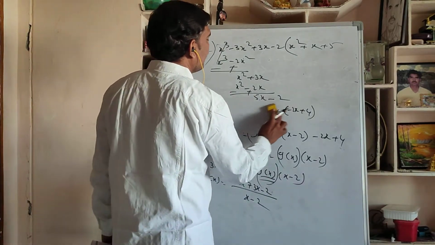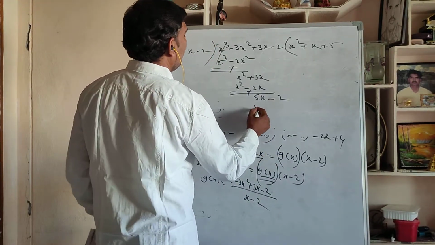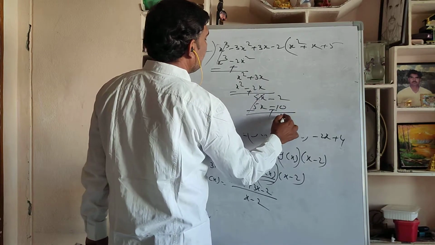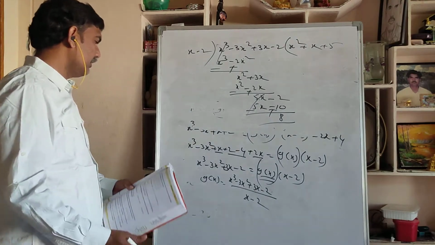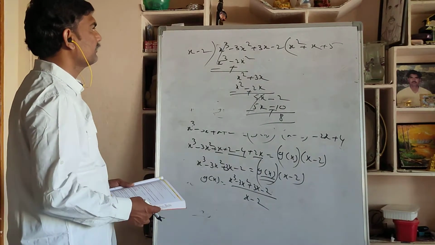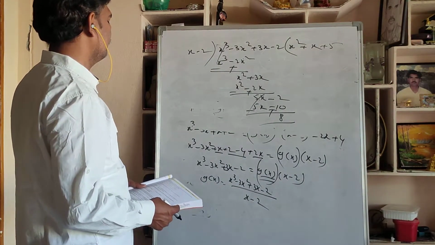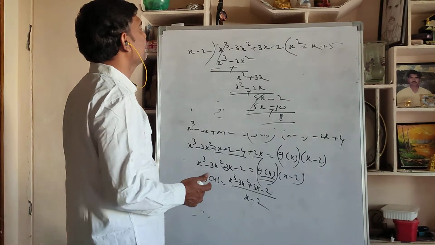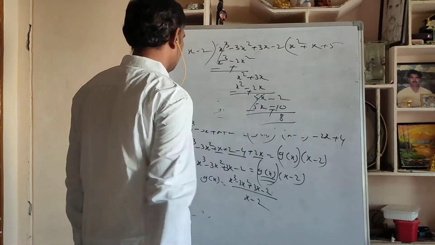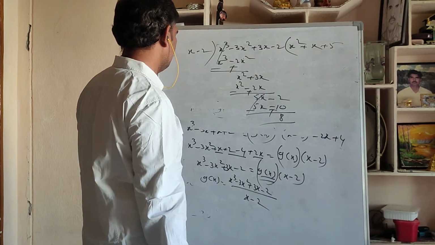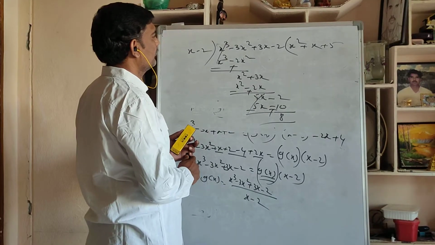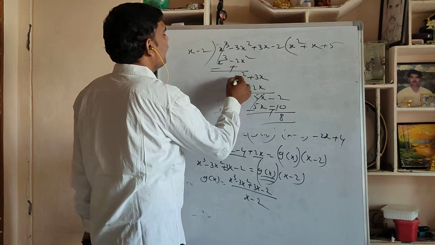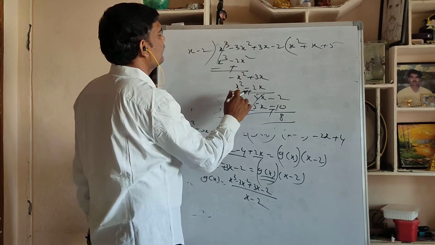5 times means again 5x minus 10, and the remainder is 8. Somewhere else there may be a mistake. So here it is minus 6, not 6 square.